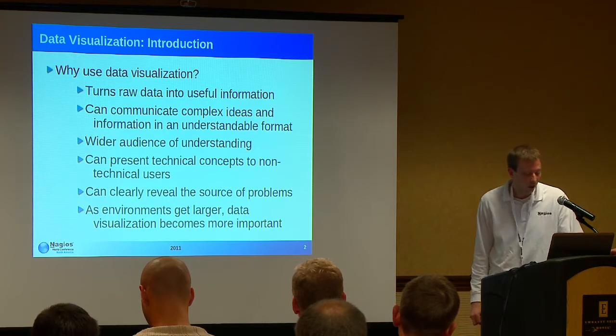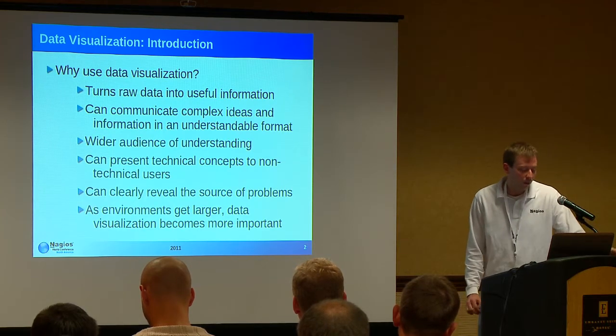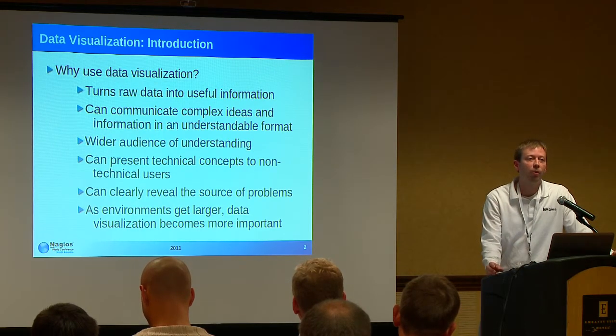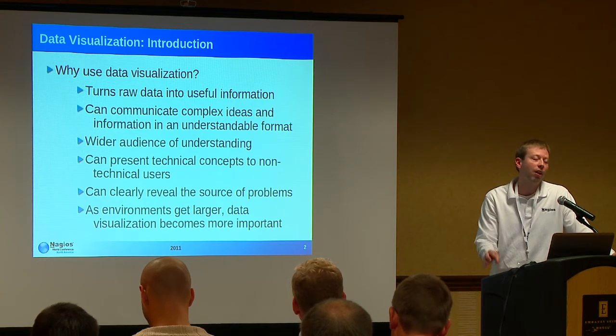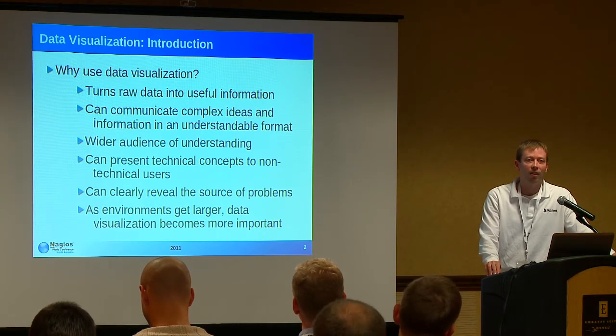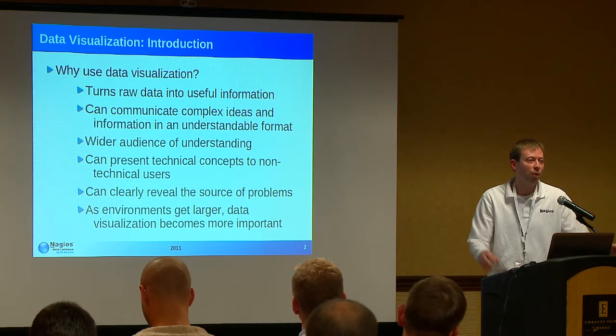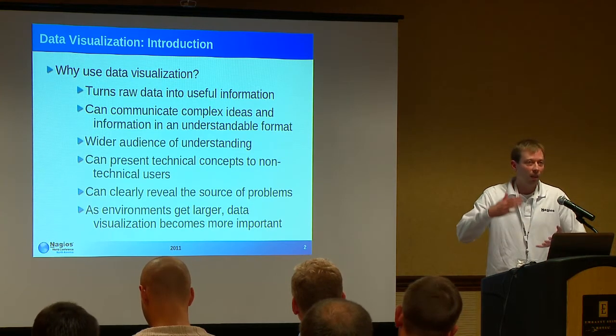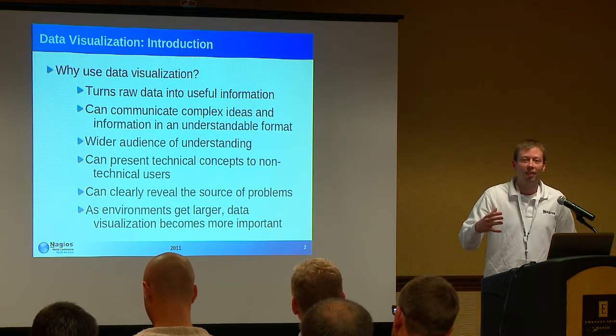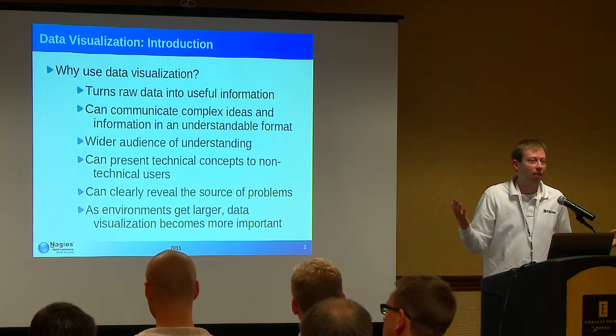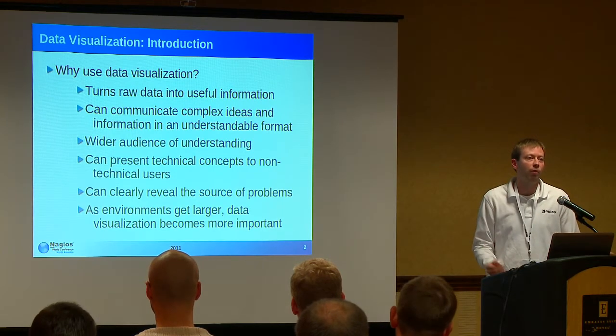So, moving on. One thing, as I've talked to other people with larger environments, as your environment gets larger, data visualization becomes more and more important just because of the scale of the data. You can't view 50,000 things in a table. It's not practical. It doesn't give you useful information.